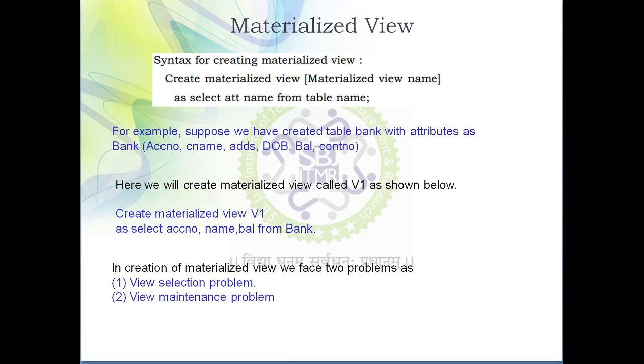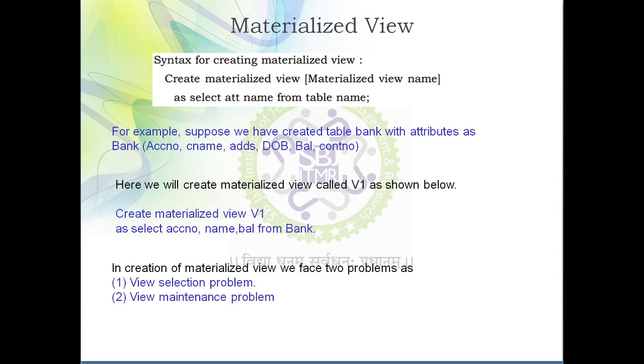In that case you need to take a decision about which view we have to materialize. For example, you have created a view, but view creation is not physical, it is virtual in nature, but you need to decide which of the different views we have to materialize, because you need to select the part of the data which is very frequently used.